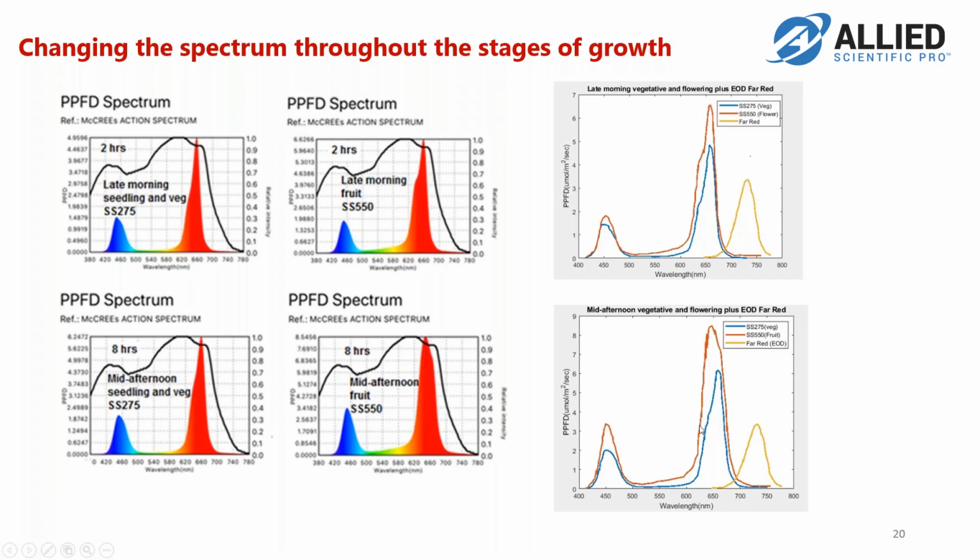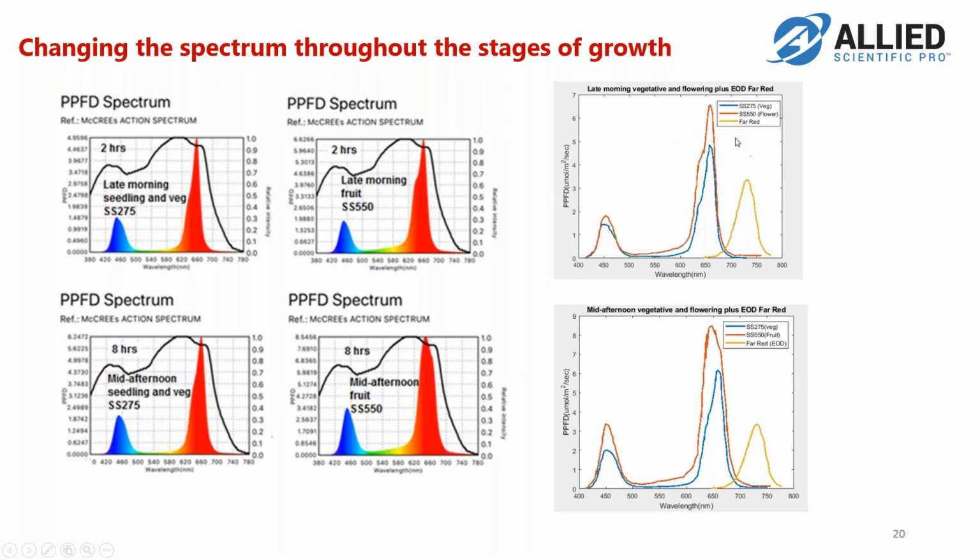But if you go to the fruiting stage, the mid-afternoon, the intensity of this is probably 1/3 of the SS550. So this shows that from late morning to mid-afternoon, this intensity has increased.